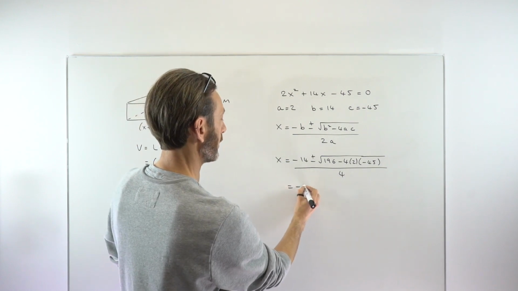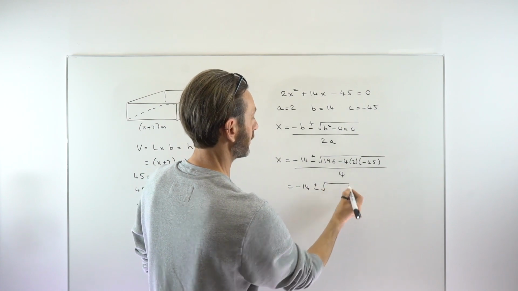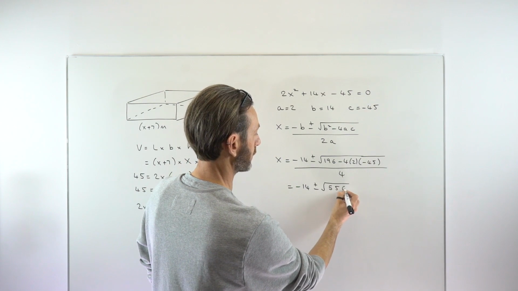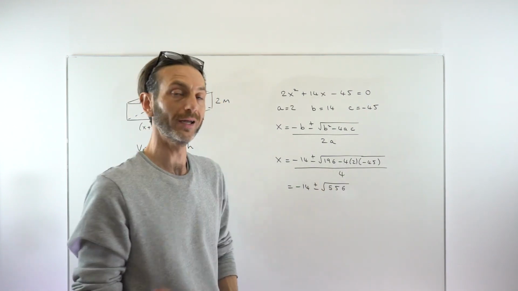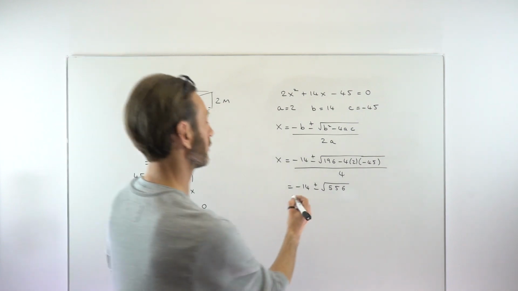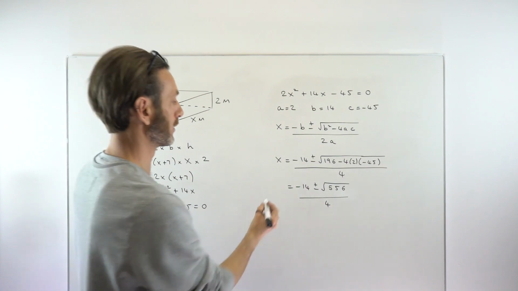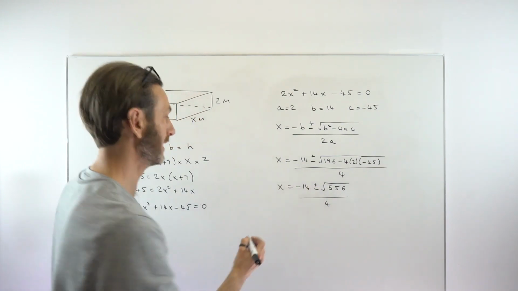Remember, this is a calculator question, of course, so you can work this all out in the calculator. So I did that earlier, and it came out to be 556. The thing to avoid there, or to really notice there, is a double negative, but it should be fine if you put that in the calculator anyway. So it comes out to be that divided by 4. At this point, we can then solve for two values of x by splitting this, one with a plus and one with a minus.